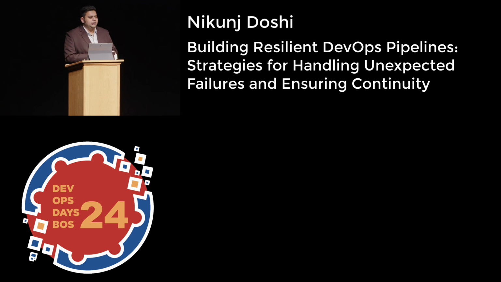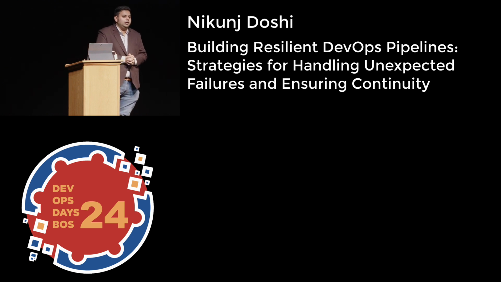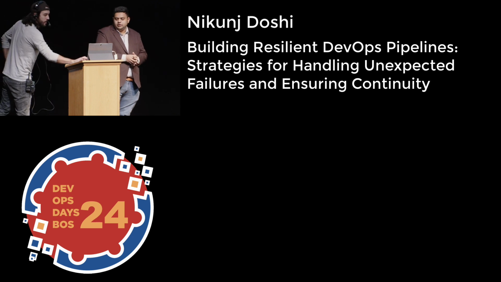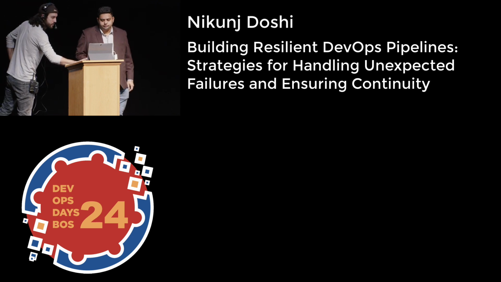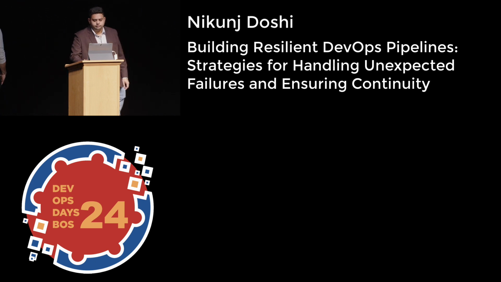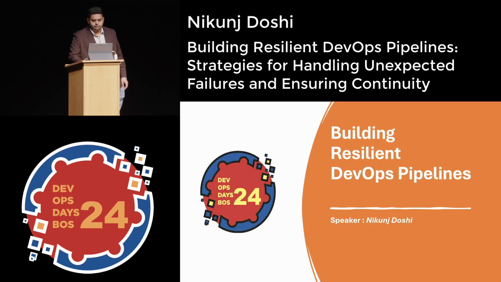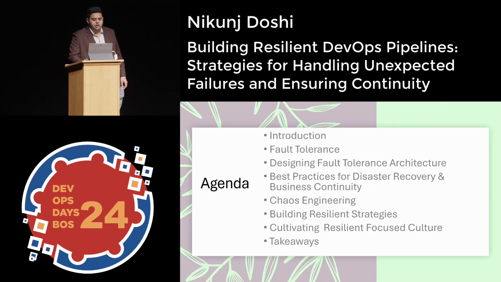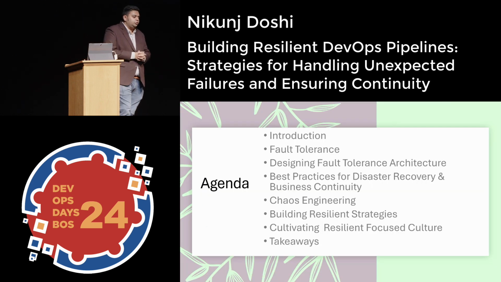So my topic is building resilient pipelines and how to handle disaster recovery and chaos engineering. I just want to quickly walk through the agenda.